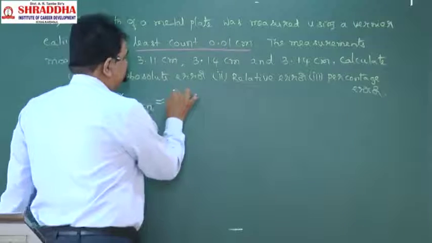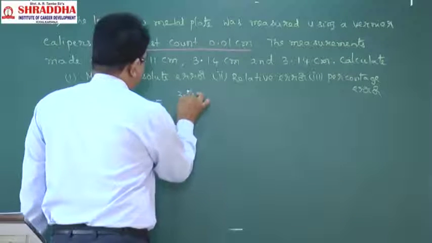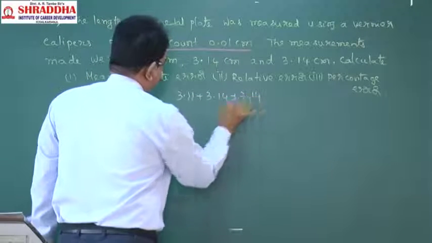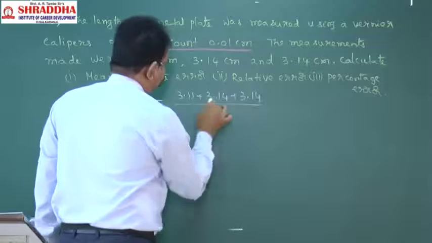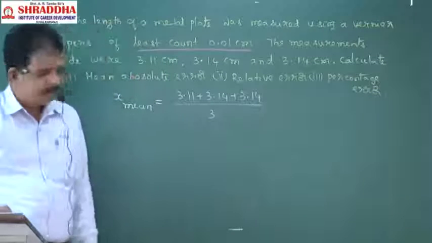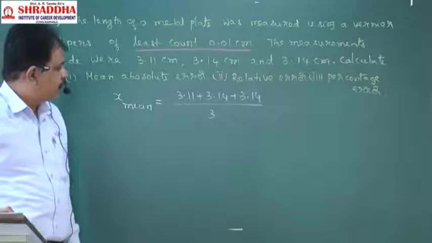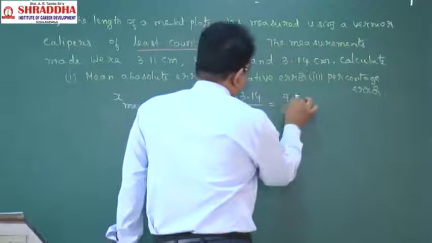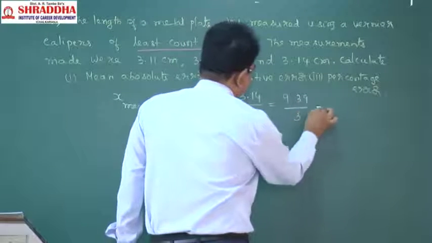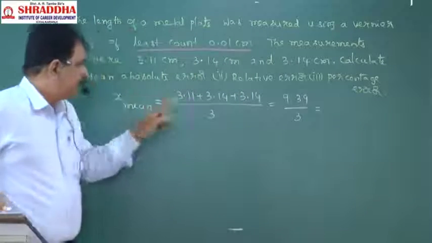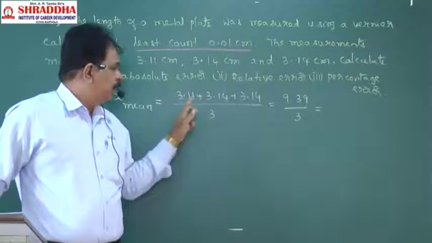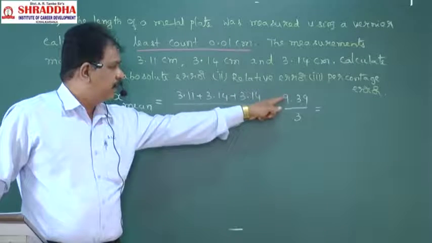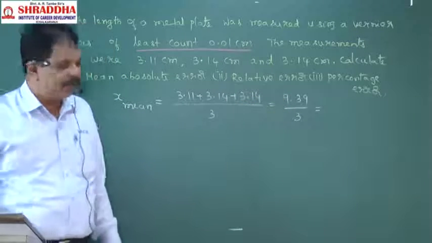This is equal to 3.11 plus 3.14 plus 3.14 by 3.